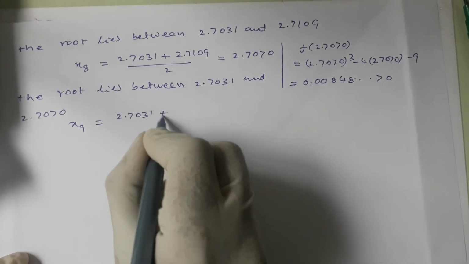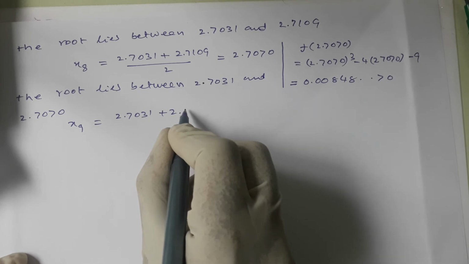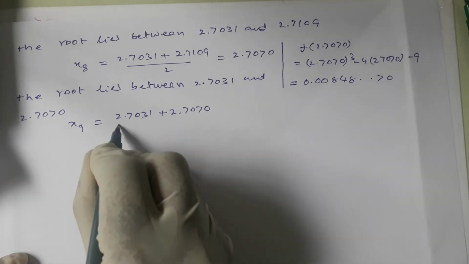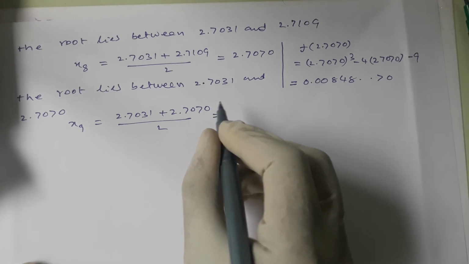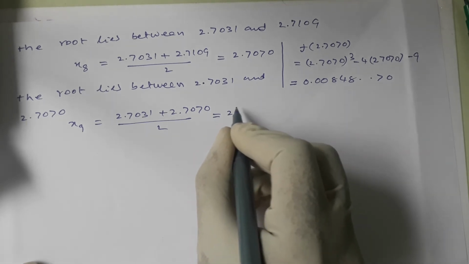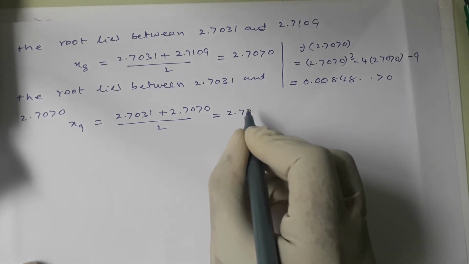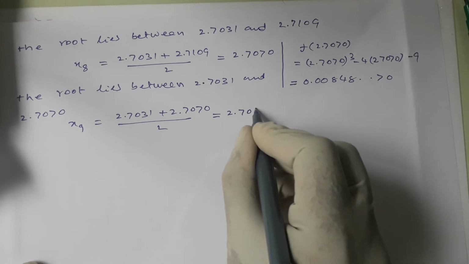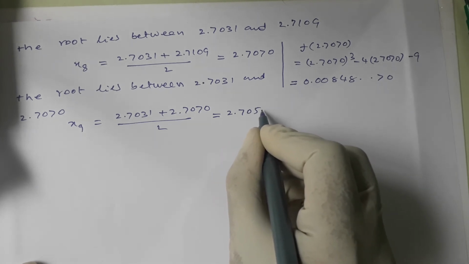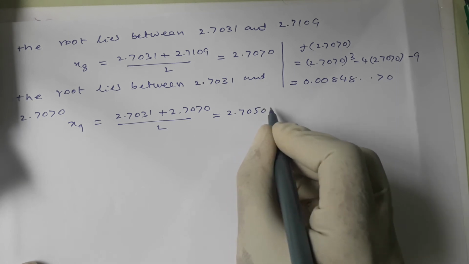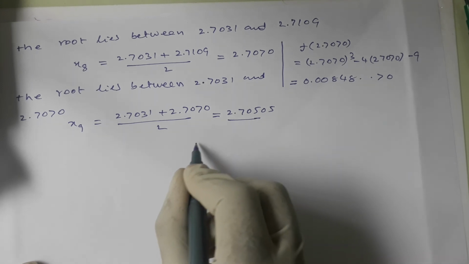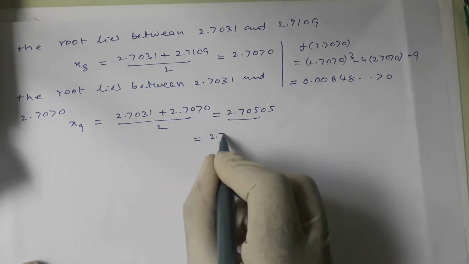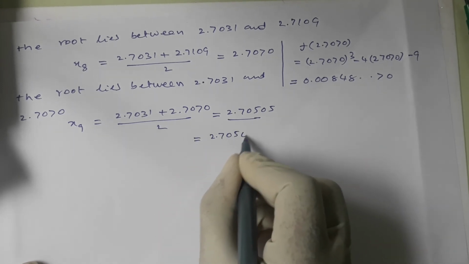2.7031 plus 2.7070 divided by 2 is equal to 2.7050. We will take up to here only, the 4 places, is equal to 2.7050.